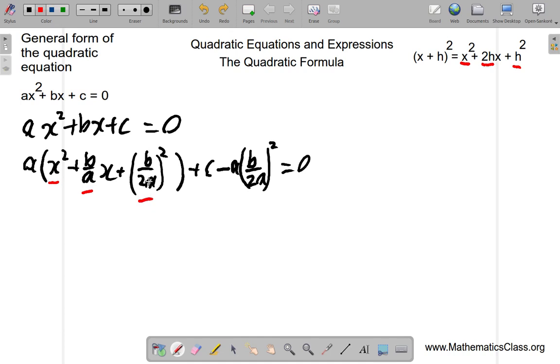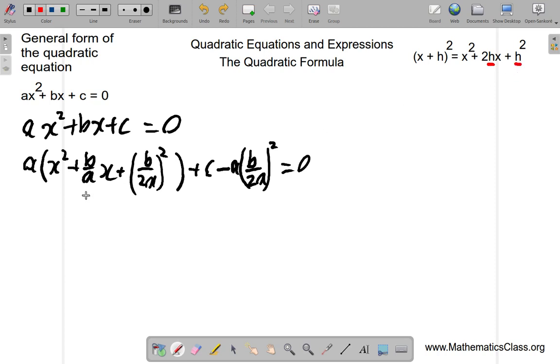Good. It's well set. Now, what we're going to have to do is rewrite it in this form. The h, 2 times that number is h, and we had h squared.